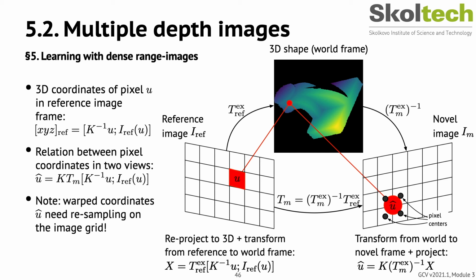So the actual value of the image needs resampling on the image grid to obtain an interpolated prediction. Alongside the warped image, a binary validity mask is also generated, indicating valid pixels in the novel view, because some pixels project outside the image boundaries in the novel view.